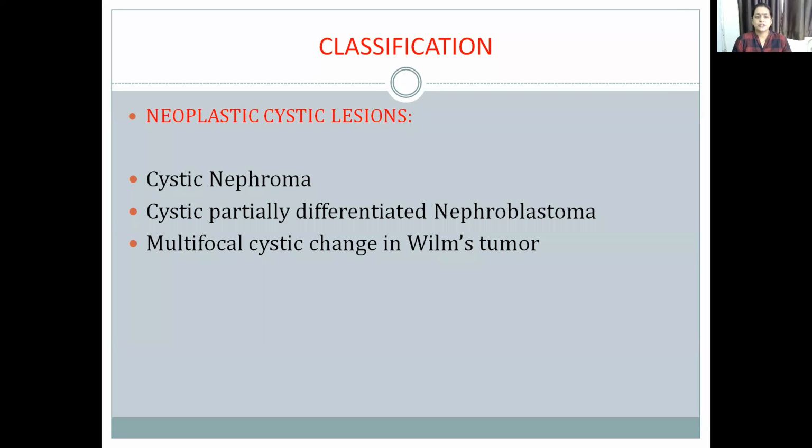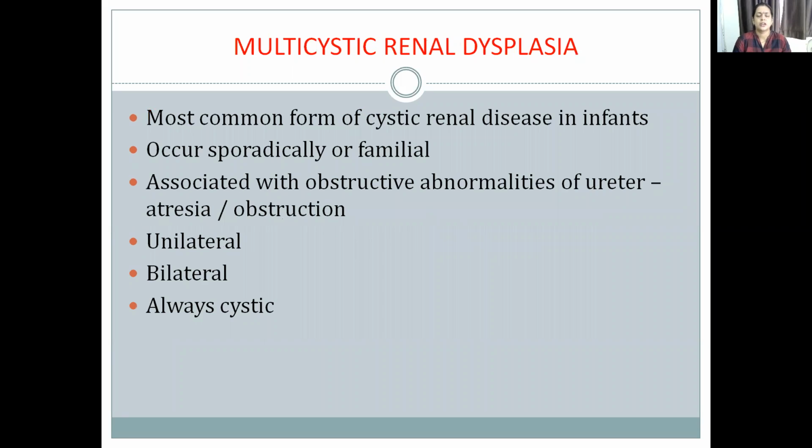Neoplastic cystic lesions are associated with cystic nephroma, cystic partially differentiated nephroblastoma, multifocal cystic change in the Wilms tumor. Okay, these are all the tumors which are associated with cystic change, and then they are classified into neoplastic cystic lesions.